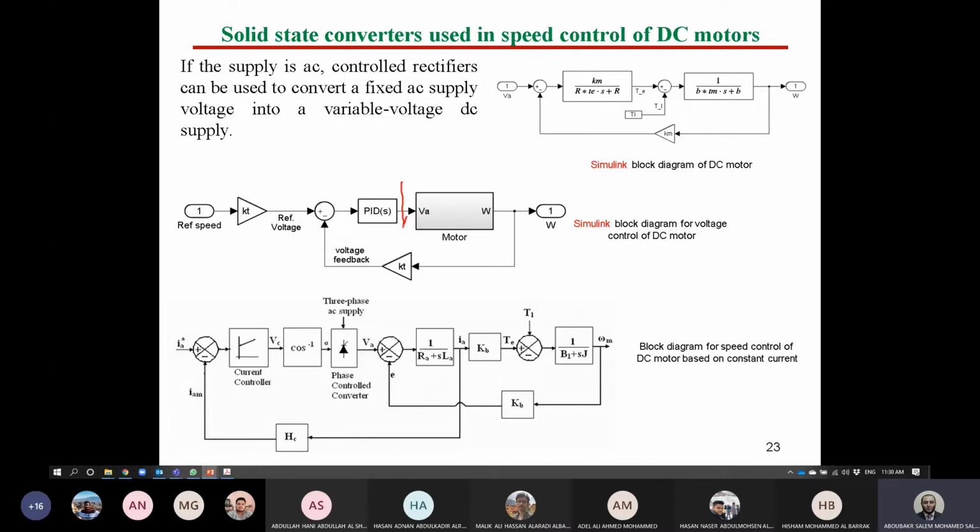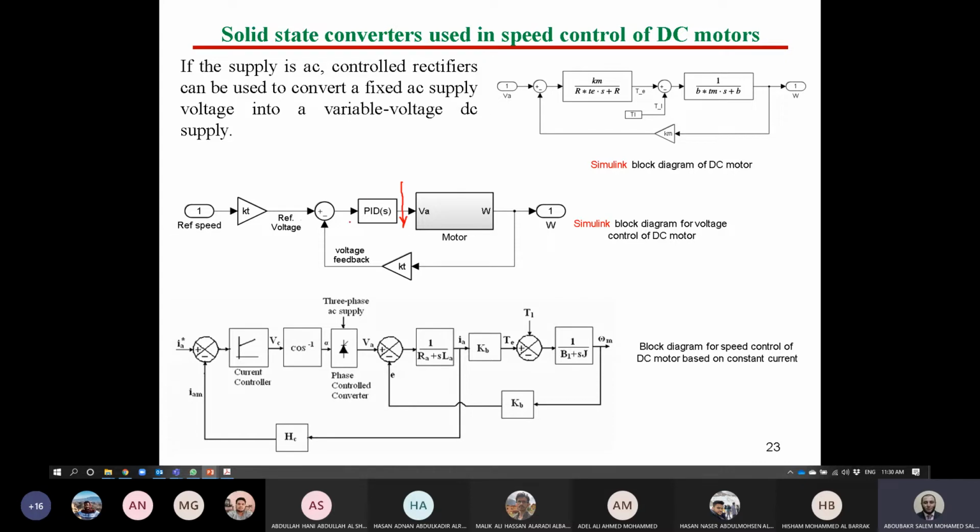So the power electronic converter goes here in this part. Practically, the PID controller can be implemented within a digital controller, like Arduino, like any microcontroller, like FPGA, like a microcomputer, Raspberry Pi, BeagleBone, whatever digital controller can be used.